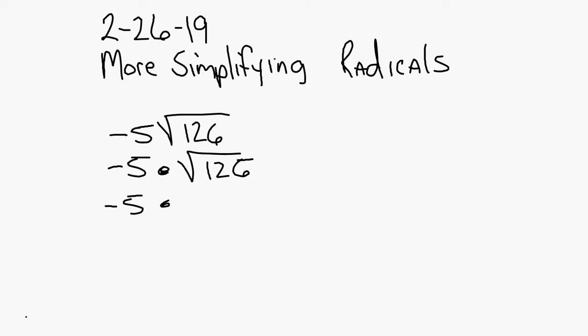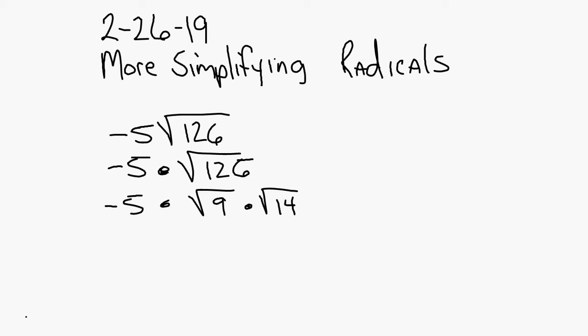So take your 126 and start dividing it by perfect squares. Alright, so 9 is the largest perfect square that goes into 126 evenly.